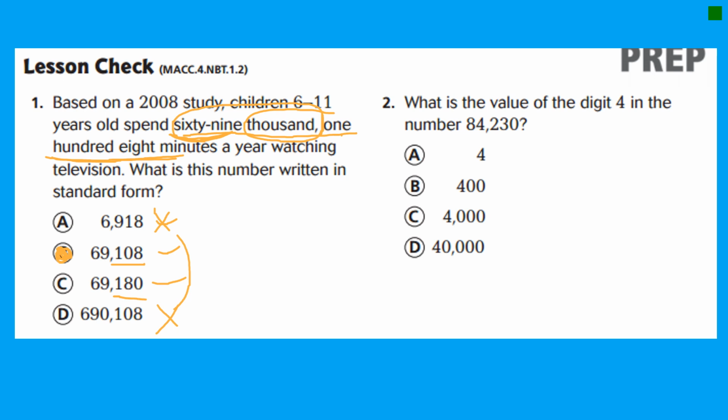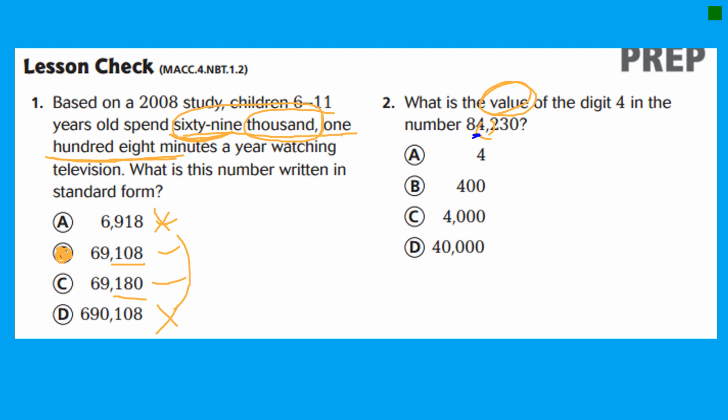Now on to number 2. What is the value of the digit 4 in the number 84,230? Now remember, boys and girls, the value is how much it's worth. All right, so let's see. Where's the 4? Right there.